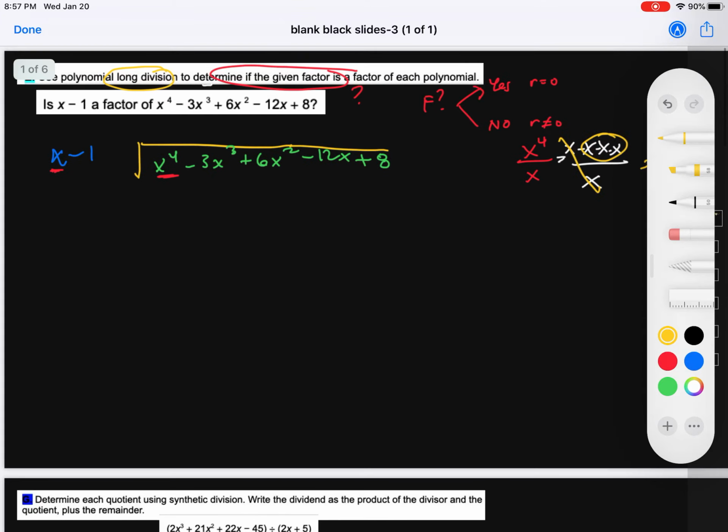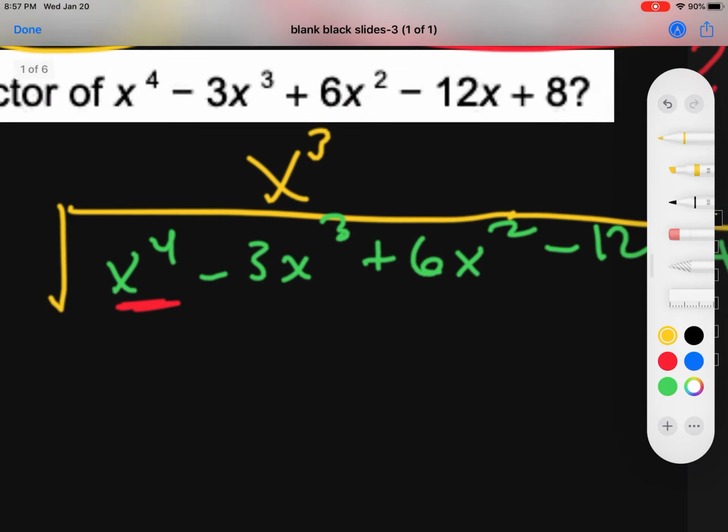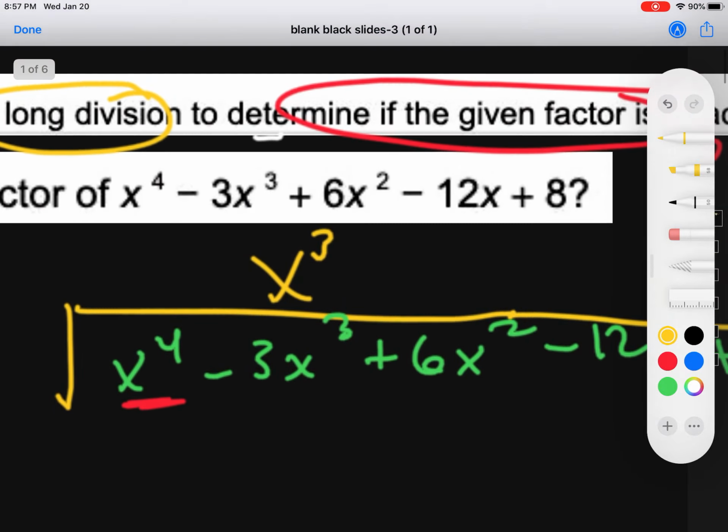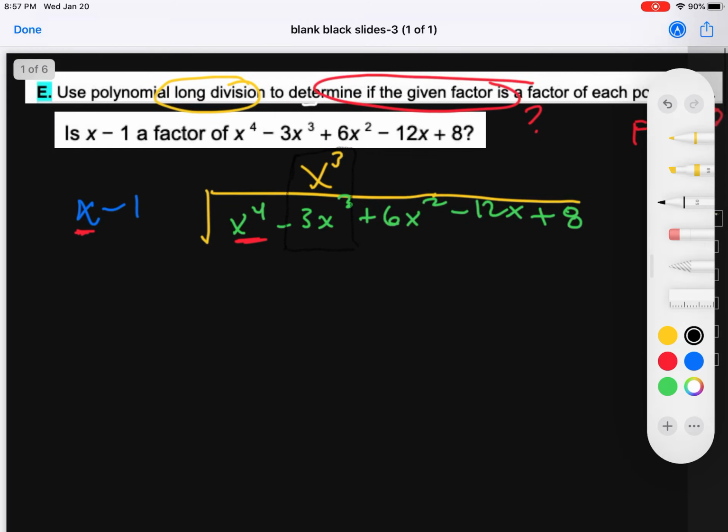So I'm going to write x cubed. I like to write them in this column. It's really going to be hard to see, but this column all has x cubes in it. Now we're going to multiply to each of those.